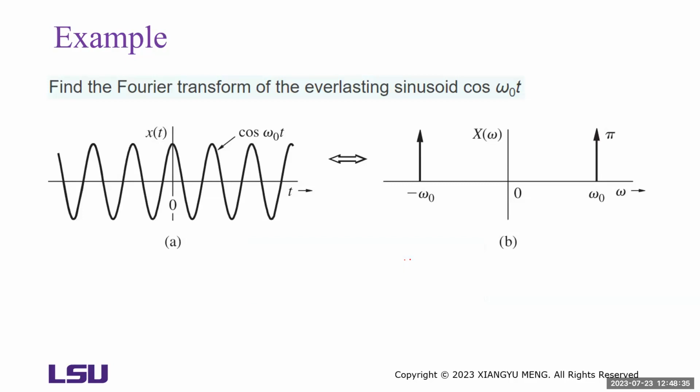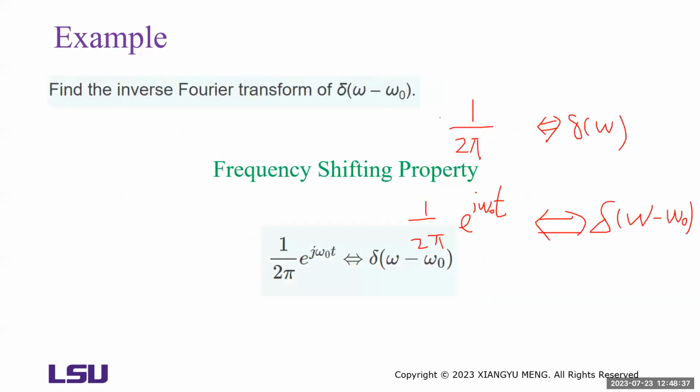Based on the previous result, we know the Fourier transform of exponential j omega 0 t is 2 pi delta(omega minus omega 0).